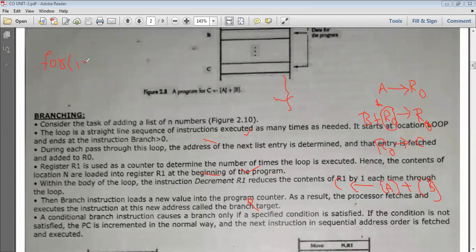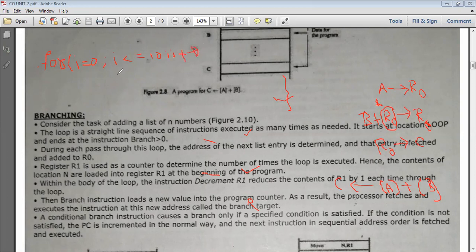i equal to 0. i is less than or equal to 10. i plus plus. Okay, this is the syntax of the for loop.